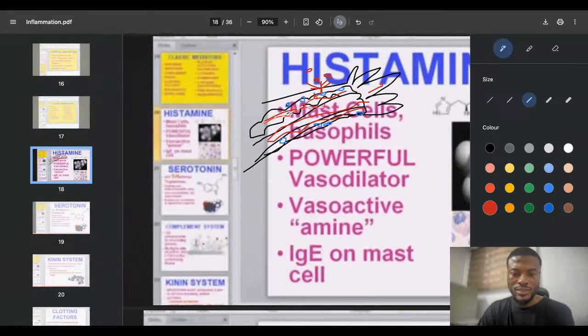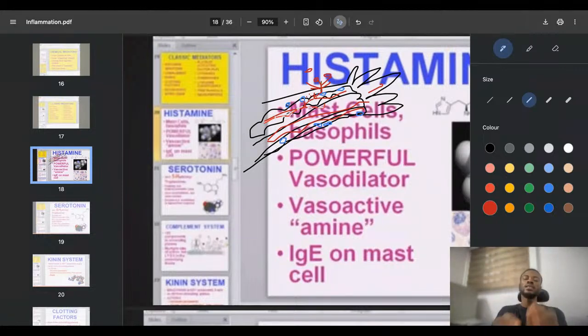As they release their toxins, these mast cells, these macrophages, and other senior white blood cells will detect that there are bacteria around. So the mast cells amongst them will release the histamine to the endothelia of the blood capillaries.